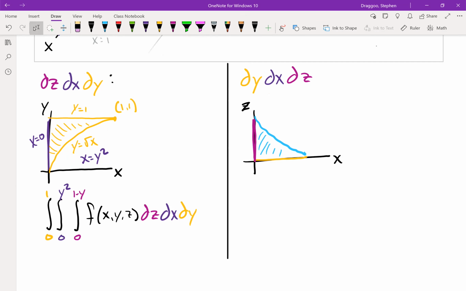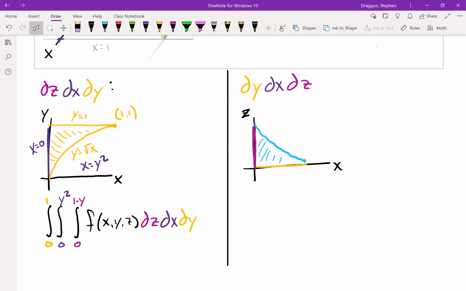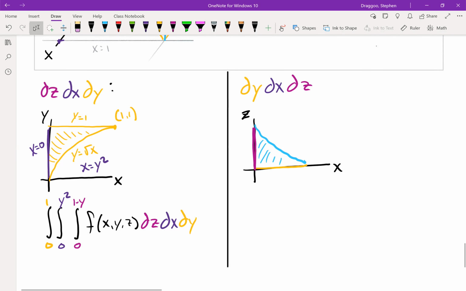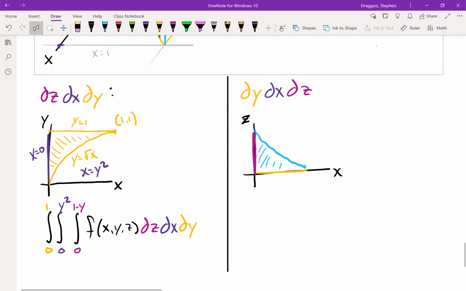How did we get that stuff? We are going to be using the equations y equals square root of x, and y equals 1 minus z. So we had a yellow equation that said y equals the square root of x.